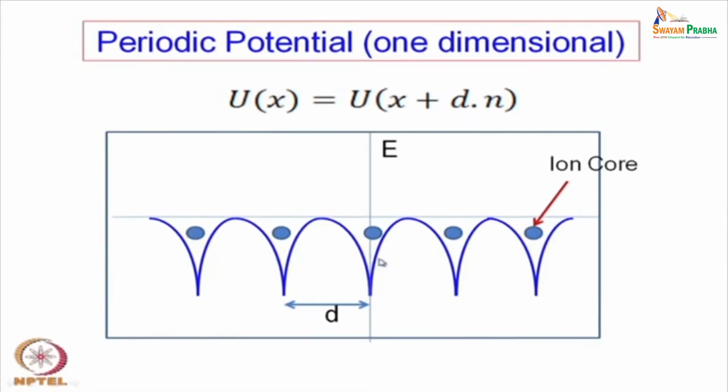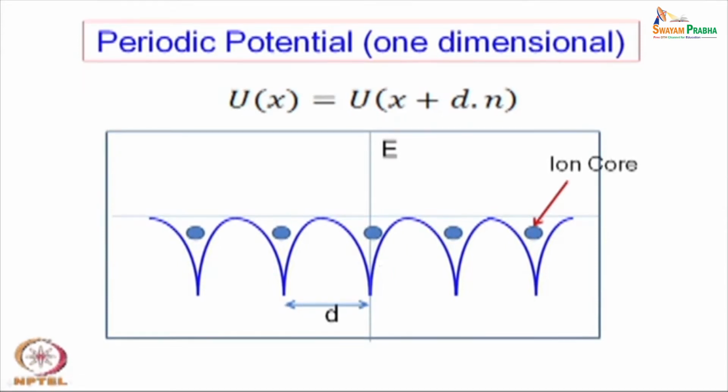So, it is periodically varying and coming back to the same value. That is the description of how the periodicity of the potential can be described mathematically. So d is the distance between two neighboring ion cores. This is a symmetric distribution, but a variable distribution, and this is the distribution which has been considered.